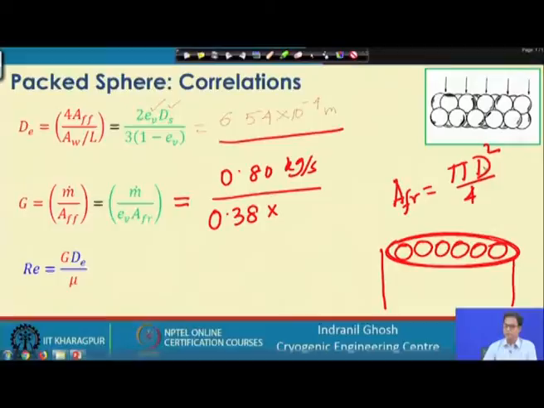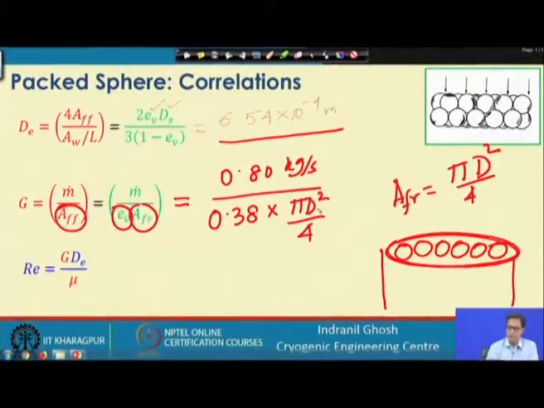The free flow area is this frontal area multiplied by the porosity. We have been given the internal diameter, and if we put this value, you will find G will become 11.308 kg per meter square second. So, this is the G value.